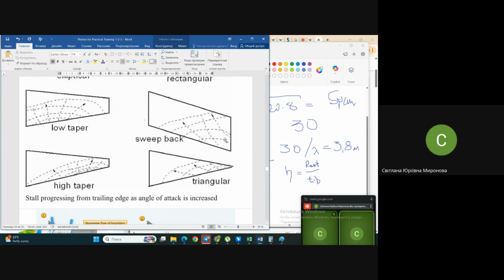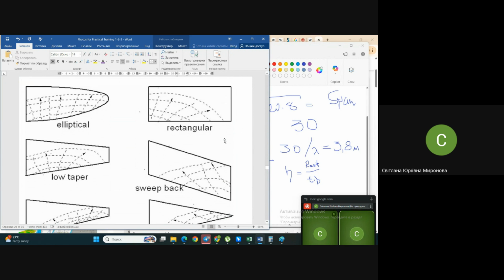But if you're working with a rectangular wing, the area of turbulence is closer to the center of the fuselage. You see this half of the wings now, I hope you understand.